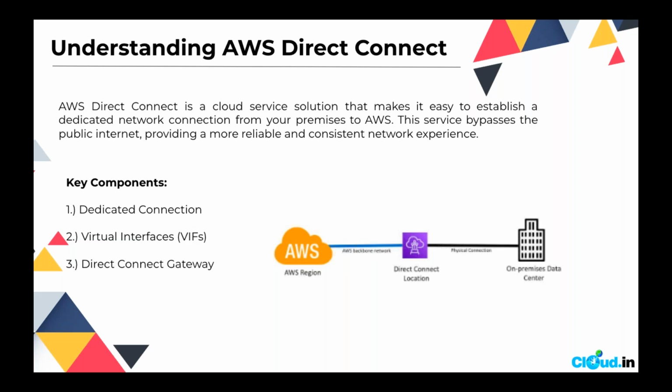Now there are three components in Direct Connect that we need to understand, basically the concepts or functionality of Direct Connect. First is the dedicated connection. As I mentioned previously, it is a physical connection between your network and one of the AWS Direct Connect locations, configured for connectivity. It is the same as the internet connectivity we have at home: the ISP comes to us and gives connectivity through an optic fiber cable.